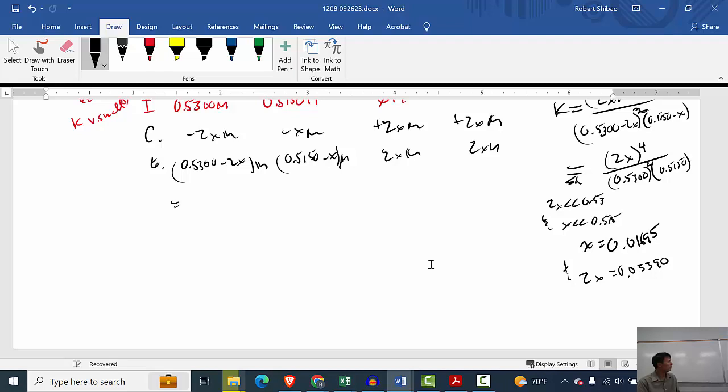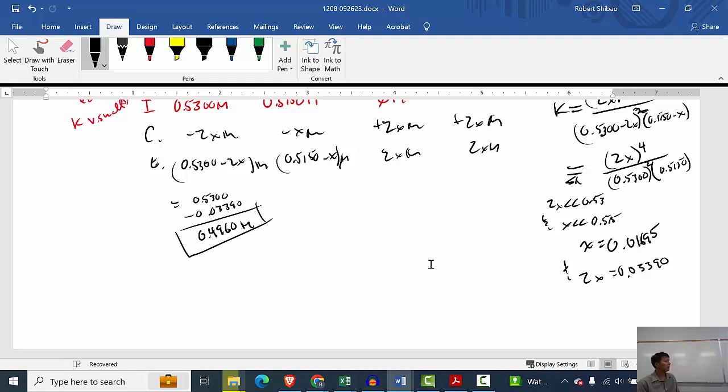And so this is going to be 0.5300 minus 2x, which is 0.5300 minus 0.03390, which is 0.4960 molar.